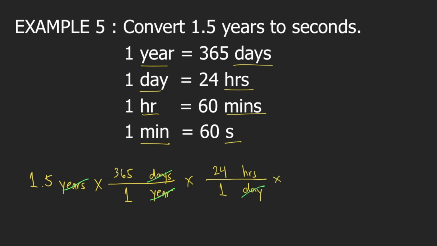And then hours to minutes, you put hour on the bottom and then minutes on top. 1 hour is equivalent to 60 minutes, so hours will cancel out. And finally, minutes to seconds, you put minute on the bottom and on top you put seconds. 1 minute is equivalent to 60 seconds, so minutes will cancel and our final unit would be seconds.